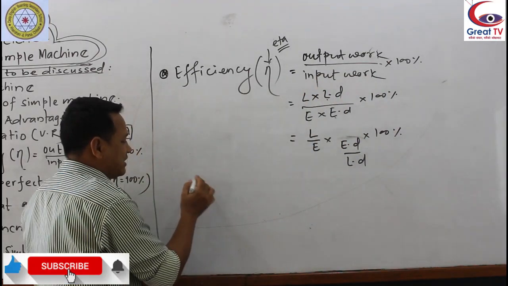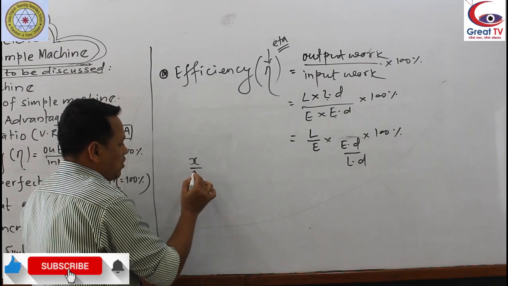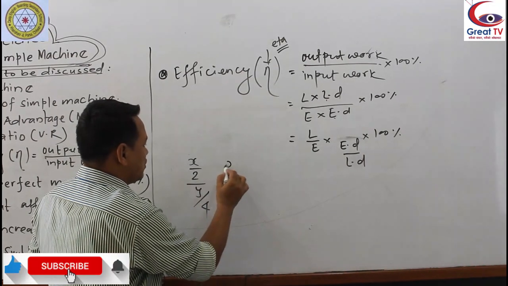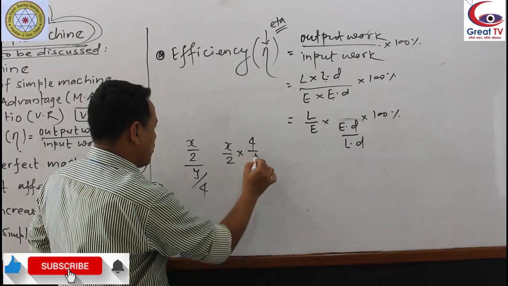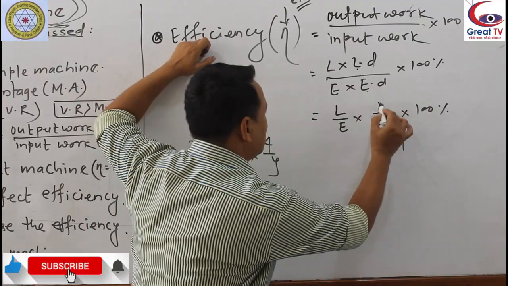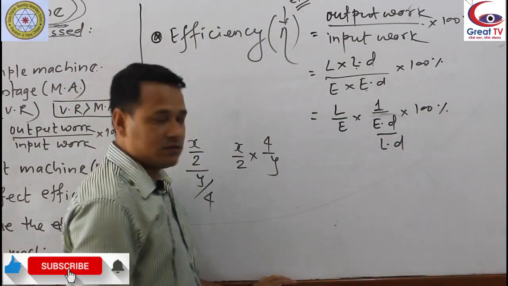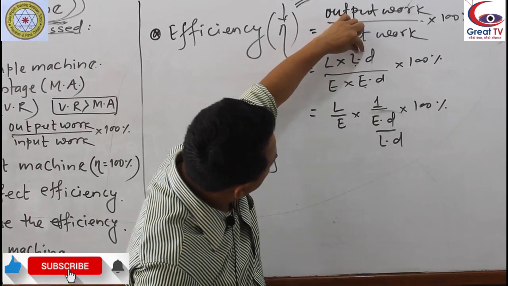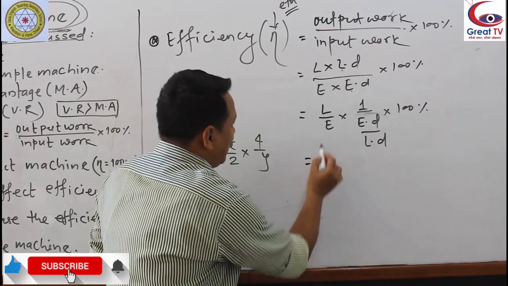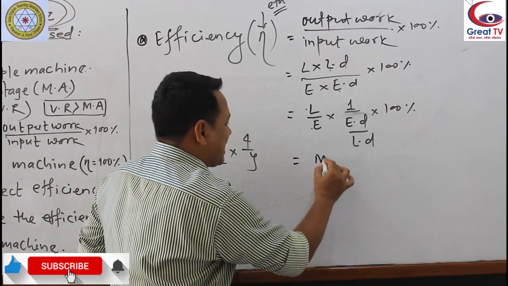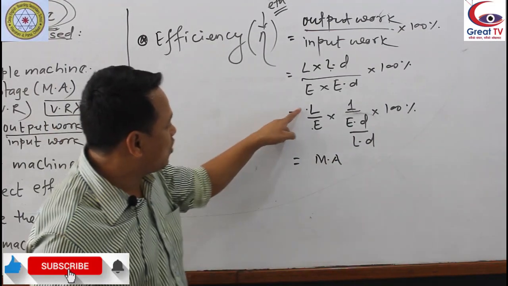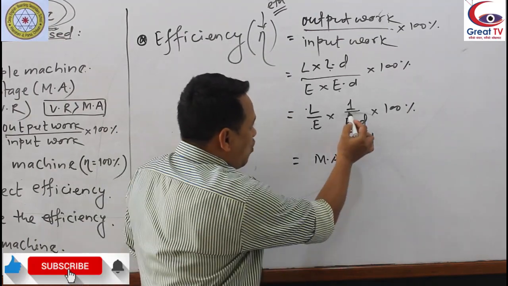In mathematics, if you have x by 2 divided by y by 4, we can write x by 2 times 4 by y. I have done the same thing here, replacing the term in the denominator. Here, L by E, load over effort, means mechanical advantage, which we have already defined. Over 1 by means the denominator.